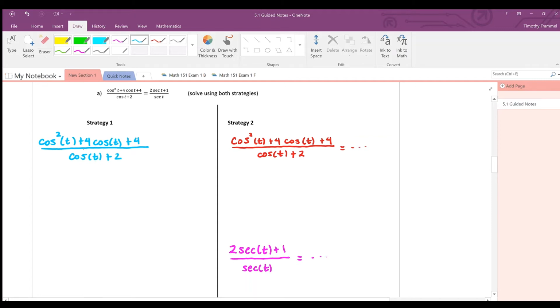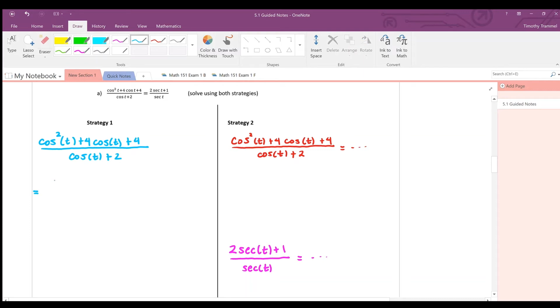And I want to justify to you real quick why I prefer to start with the more complicated side. I like to start with what I think of as the more complicated side because I think it's easier to simplify something than it is to make something more complicated. So here's our left-hand side.